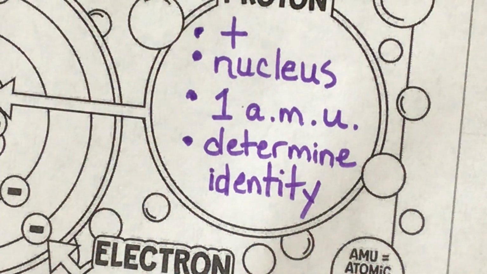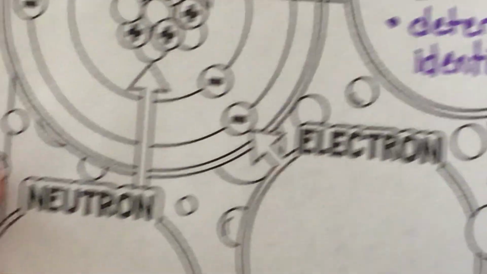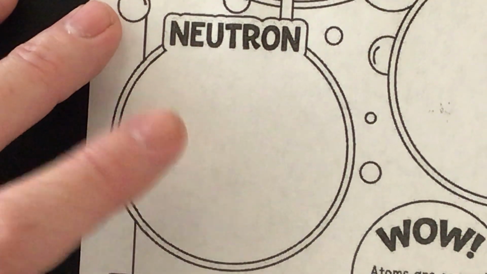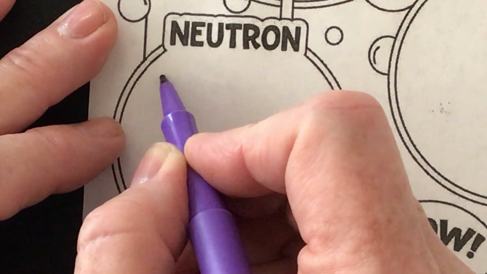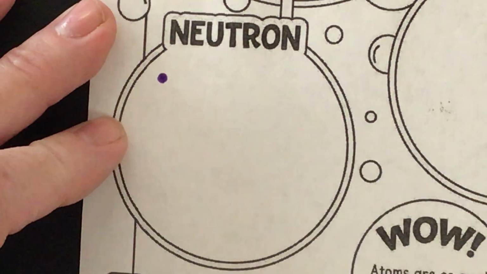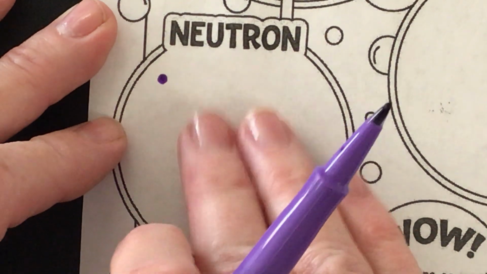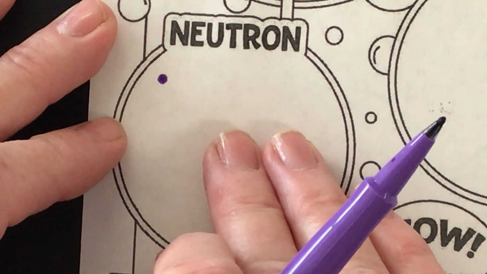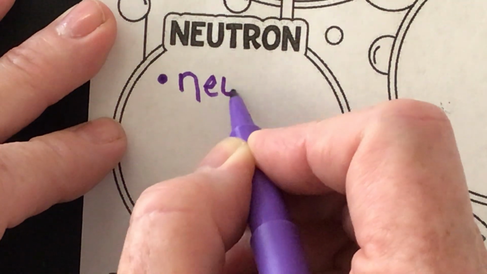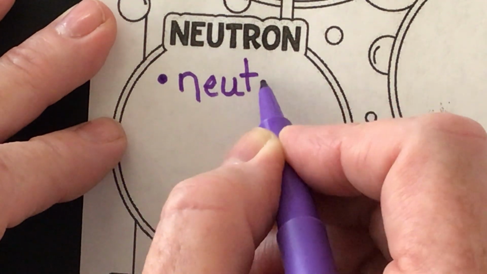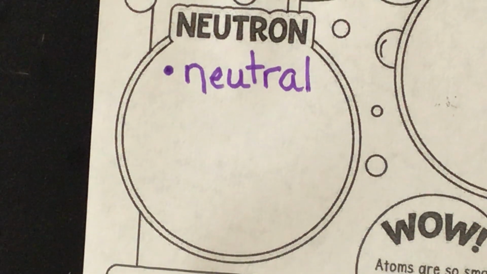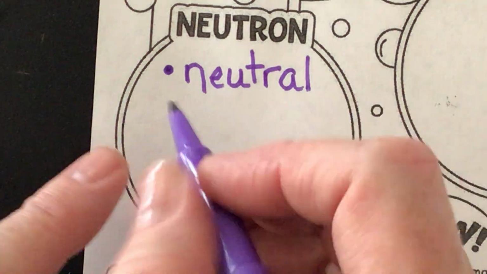All right, y'all said protons hang out with the neutrons, so let's go to neutron. Okay, the charge of a neutron sounds like neutron. So what is the charge of a neutron? Neutral. Okay, so the charge of a neutron is neutral.